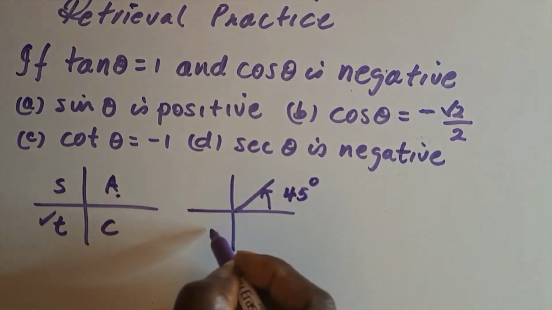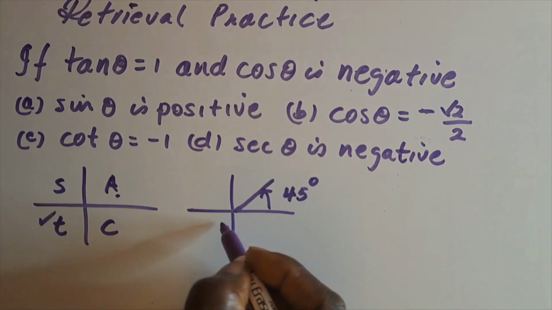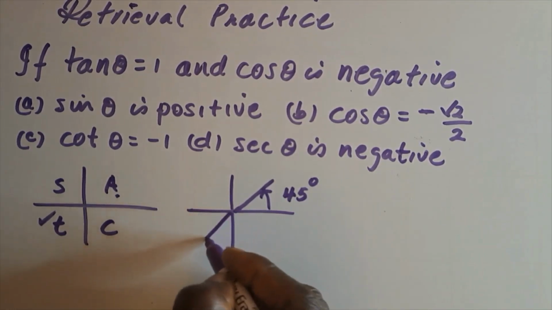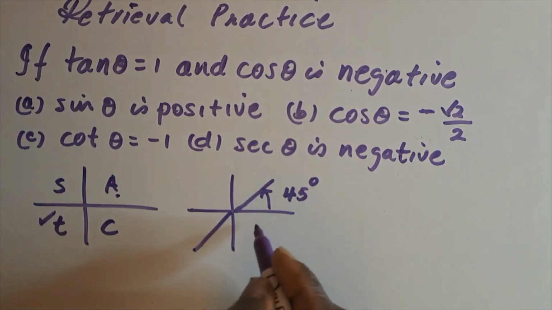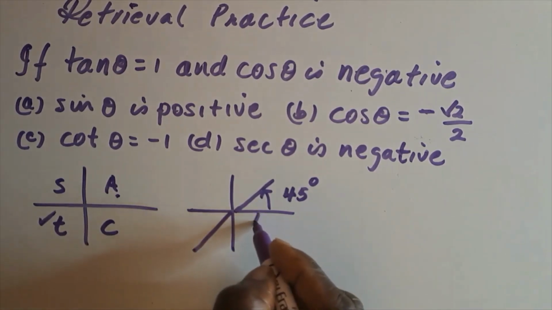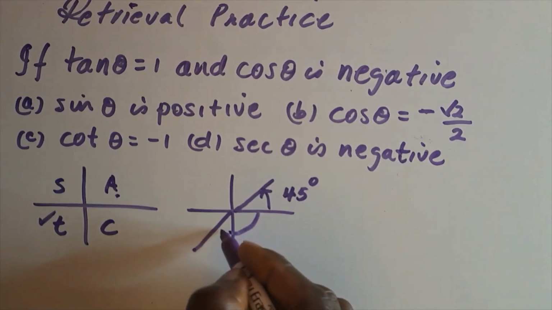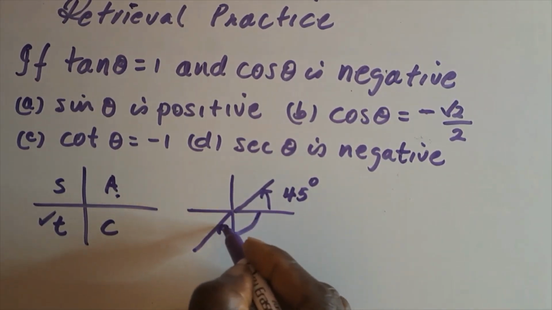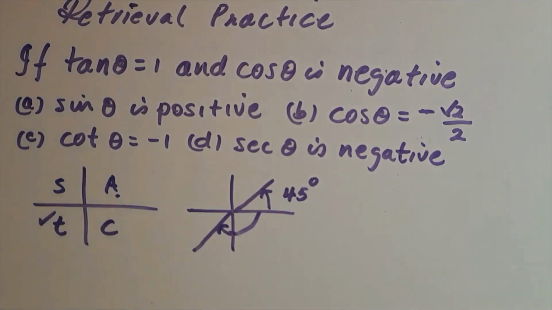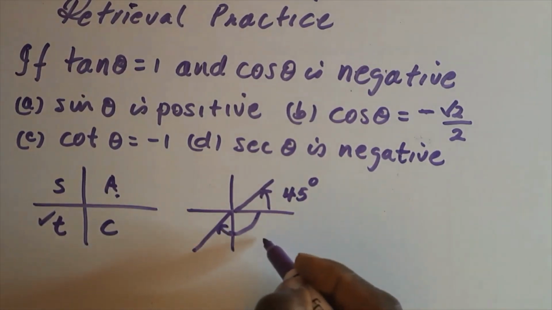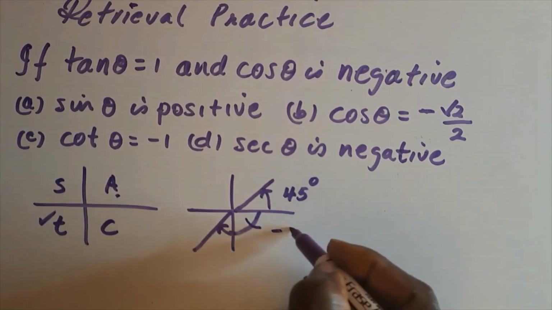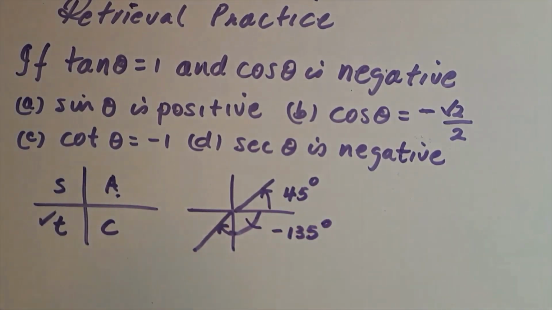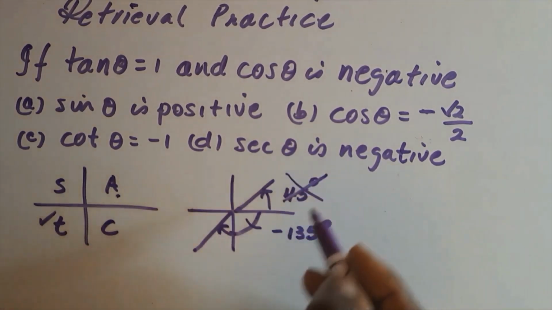The only other quadrant where it's positive and where theta is negative will be in this quadrant. In order to get to this angle, we're measuring from the positive x-axis in the clockwise direction, and this angle theta is minus 135 degrees.